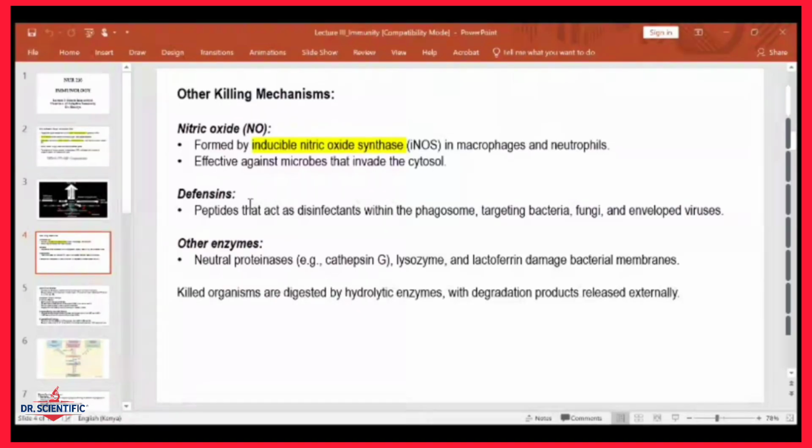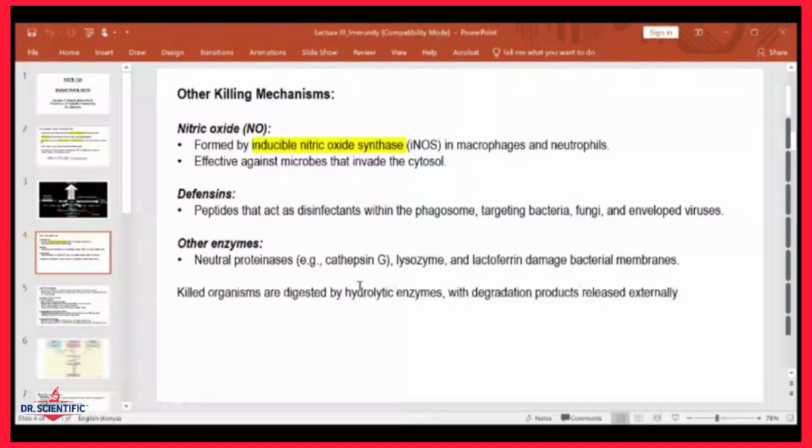We also talked about this protein called defensin, and we know that defensin is a peptide. We already talked about it in terms of innate immunity in general. It acts like a disinfectant in the phagosomes during phagocytosis, and it targets bacteria, fungi, as well as enveloped viruses.